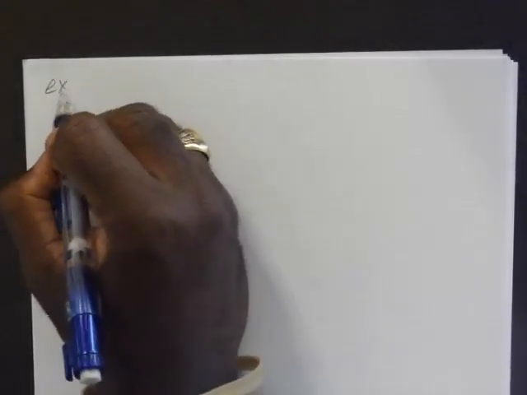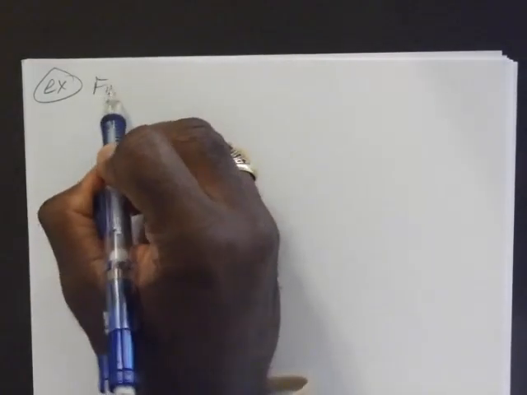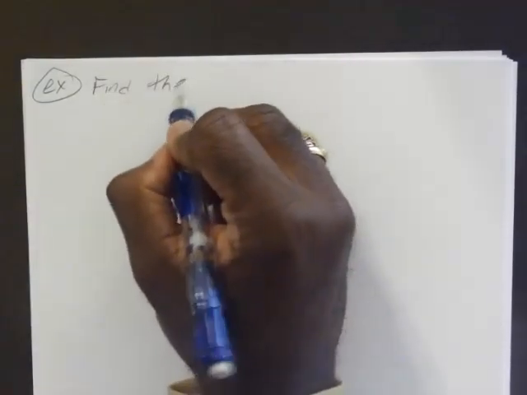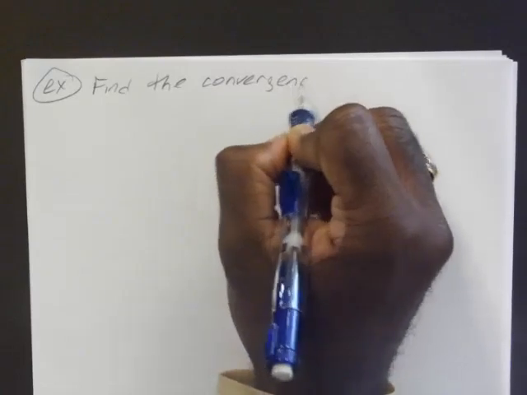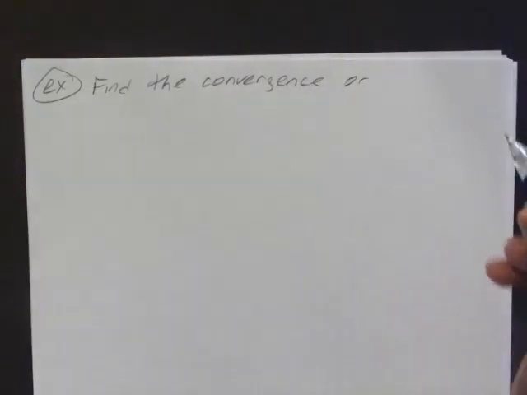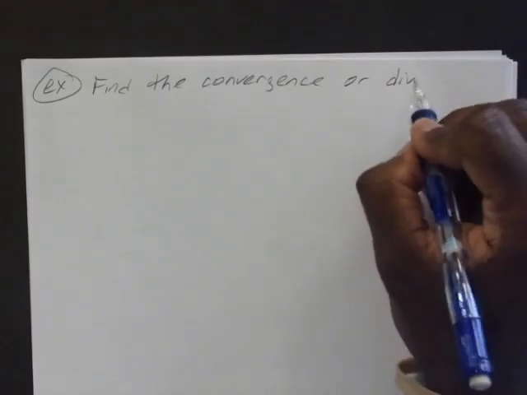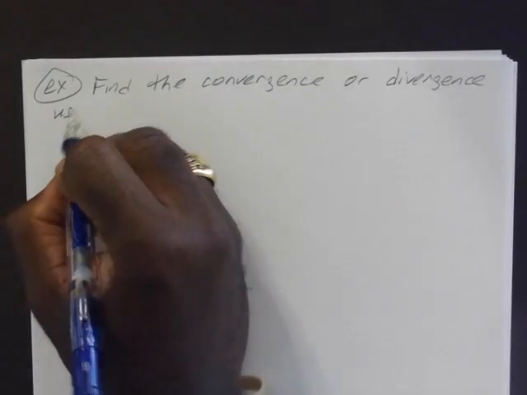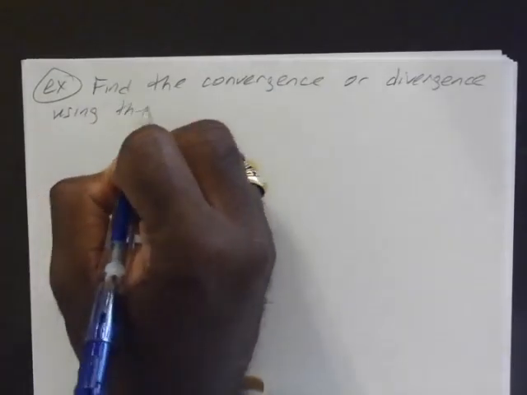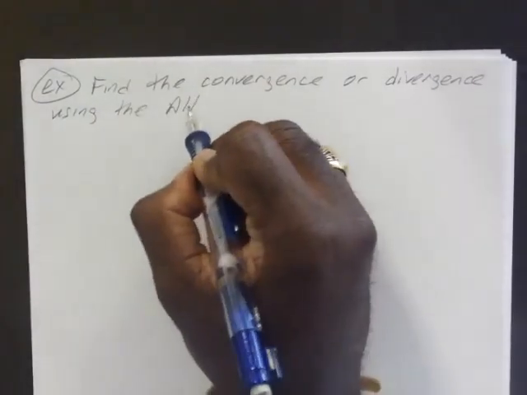All right, so let's say we wanted to find the convergence or divergence using the alternating series test.